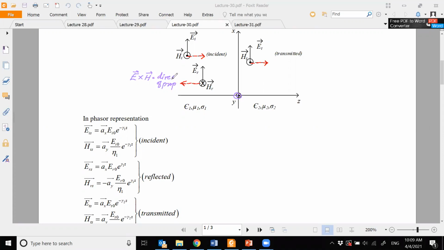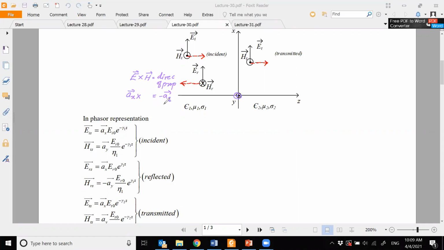So if my reflected field has a component of AX, and my direction is minus AZ, then my reflected magnetic field direction will be what? Yes, Mr. Nawaf, can you tell me what will be its direction? It will be in the positive Z. Yeah, no, this is minus Z.